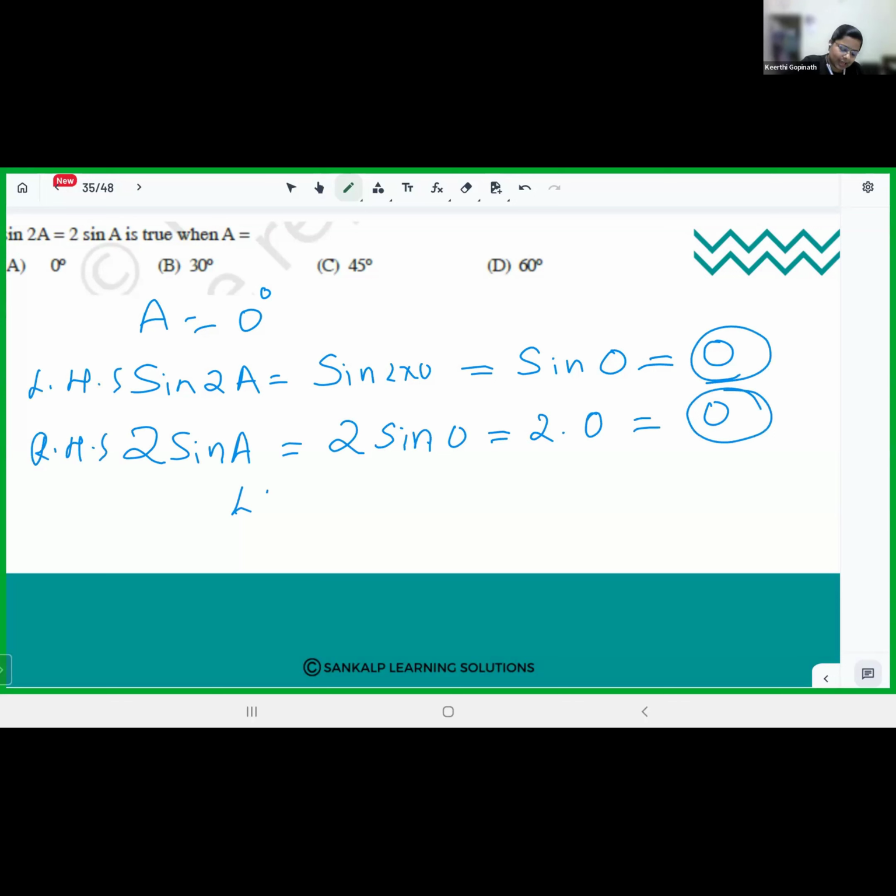You can conclude that LHS is equal to RHS. So that means sine 2A equals 2 sine A when A is equal to 0 degree. We supposed that A is equal to 0 degree, checked whether it is true, and got it as true. So A equal to 0 degree satisfies the equation sine 2A equal to 2 sine A. Is that clear to you all?